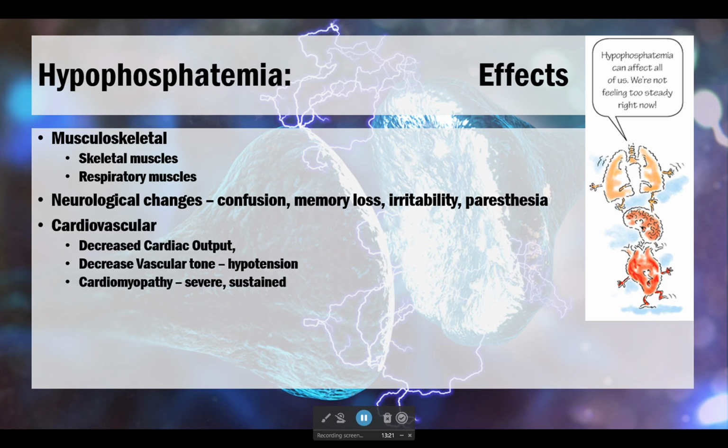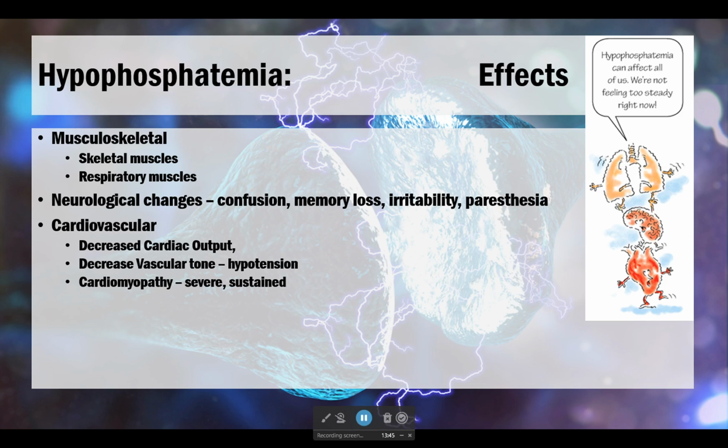Neurological changes such as confusion, memory loss, irritability, paresthesia are all potential neurological changes as a result of hypophosphatemia. Remember, as I mentioned, low phosphorus means that these cells in the brain do not have the energy they need to produce their normal biologic functions.